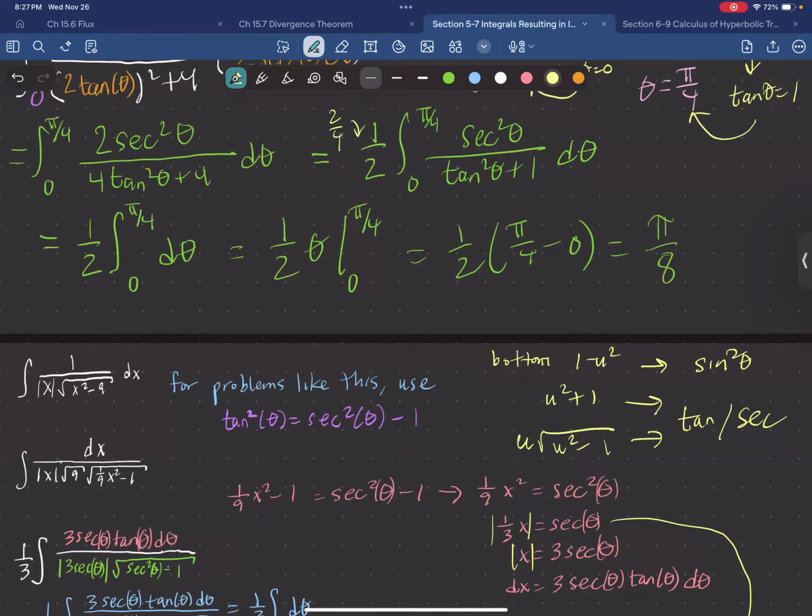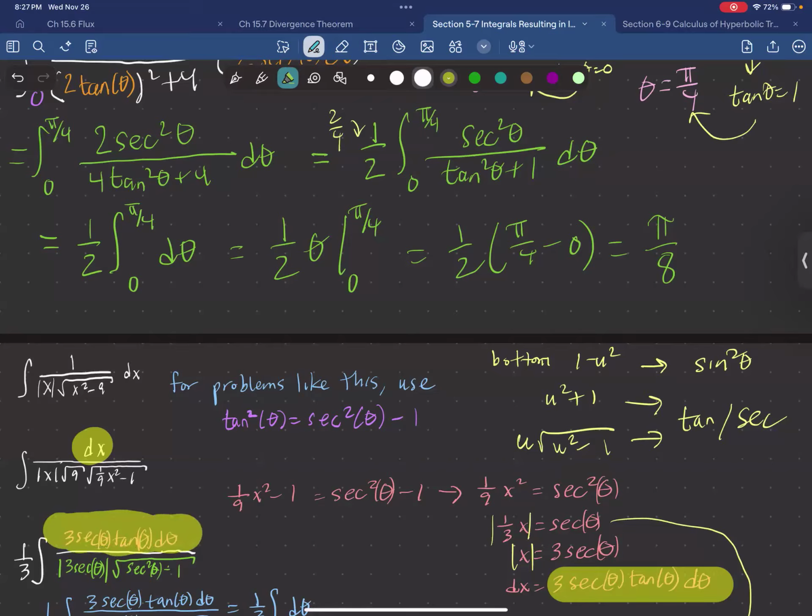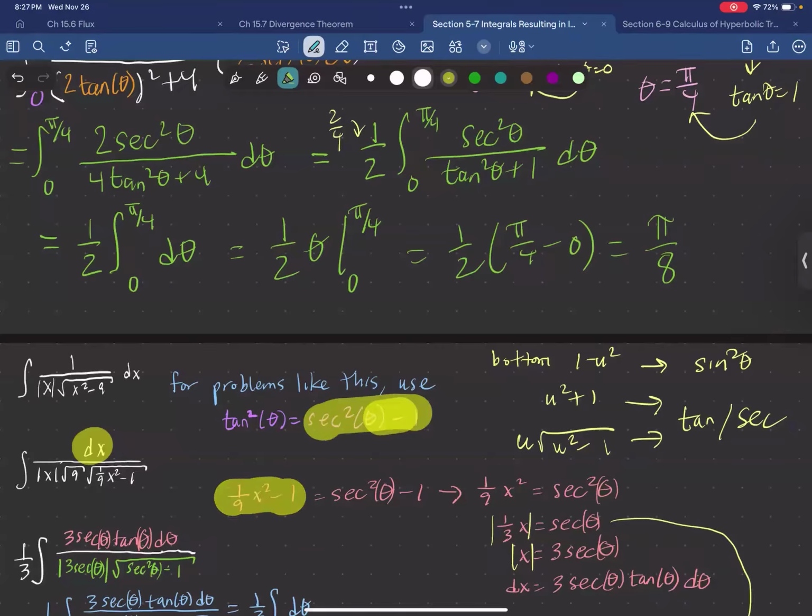So that's what we're plugging in. A lot of stuff to plug in. Take your time. Dx is 3 secant theta tangent theta d theta. I put it on the top here. We don't always have to put it at the end. If the top is a 1, we can just put it on top. Then secant squared theta minus 1 was 1/9 x squared minus 1. So I replaced that with that. Then I had absolute value of x out there.